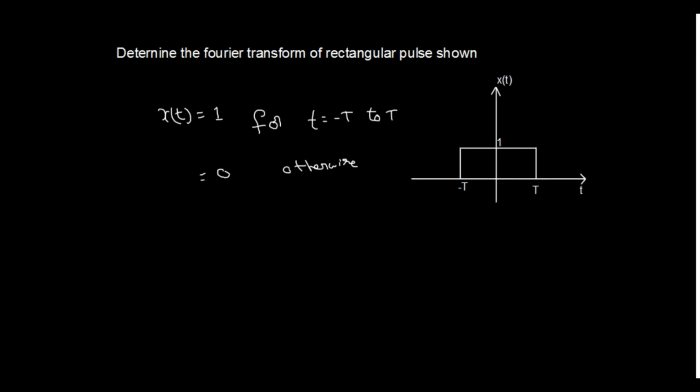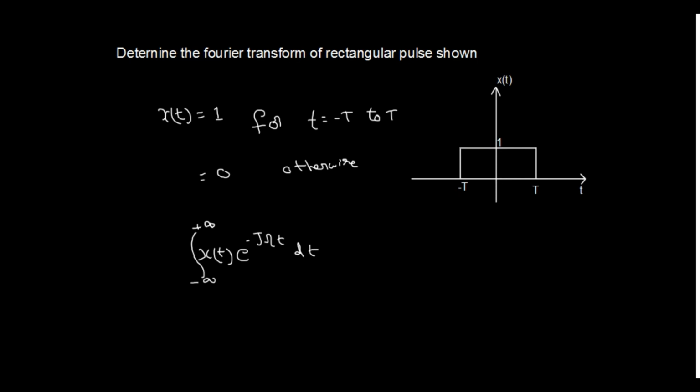Now we will use the basic definition of Fourier transform. What is the basic definition? Integral of x of t e power minus j omega t dt from minus infinity to plus infinity.